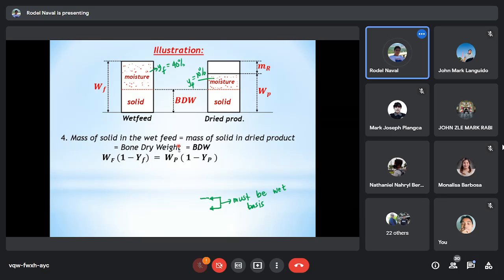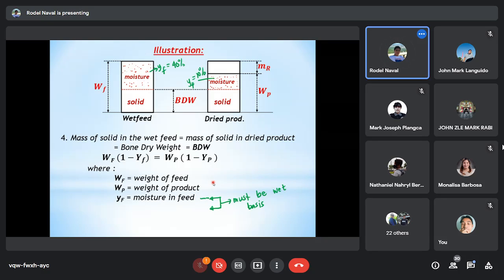Example lang. The product is 1 minus 10% times WP, so 90. So this is the solid in feed equals solid in the product. Okay, so WF, weight of the feed. Then WP, weight of product.